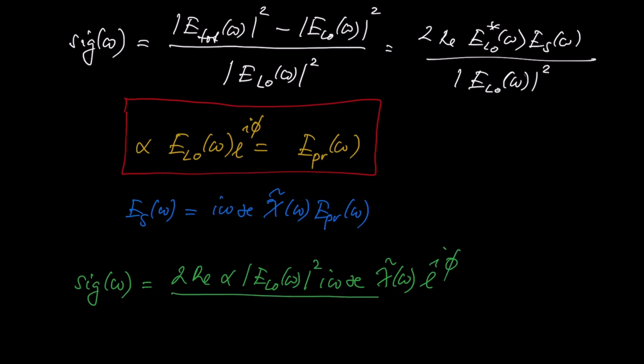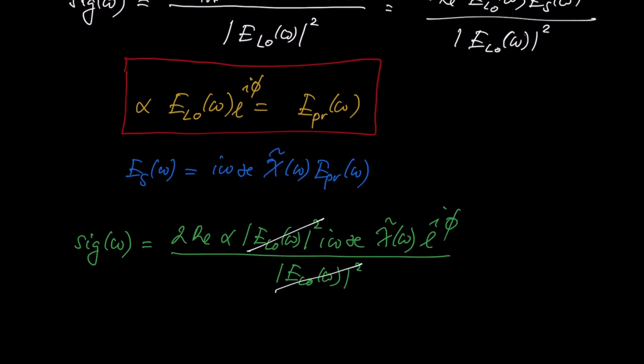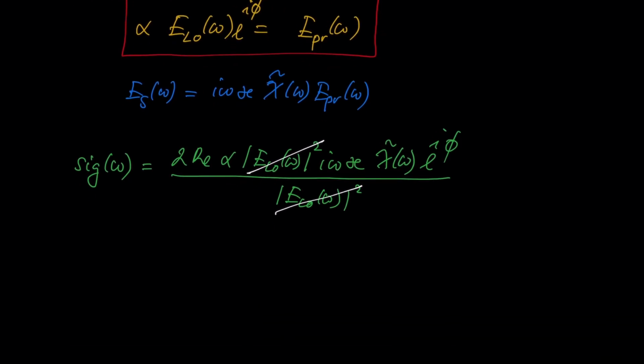That's the phase of the field. And we divide this by local oscillator square. So this can be actually divided out. So in principle, as before, we detect chi, we detect the imaginary part of chi because alpha, omega and kappa are real constants.